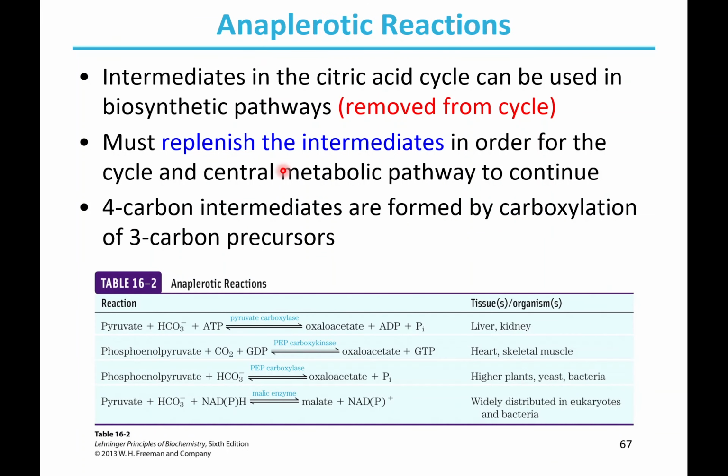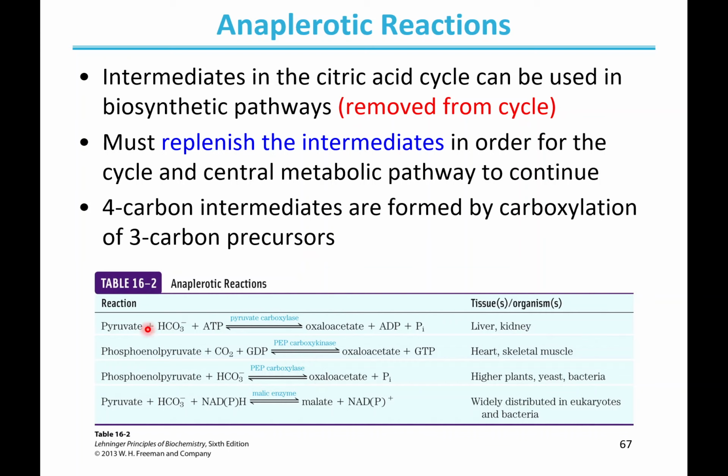Intermediates in the citric acid cycle can be used in biosynthetic pathways, and they can be removed from the cycle. When you do that, you must replenish the intermediates in order for the cycle to continue. And 4-carbon intermediates are formed by carboxylation of 3-carbon precursors, and some of those are shown here.